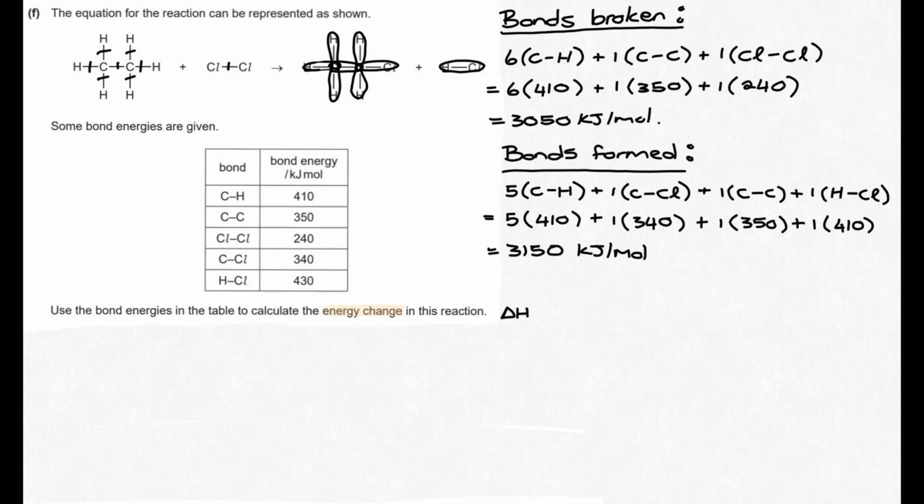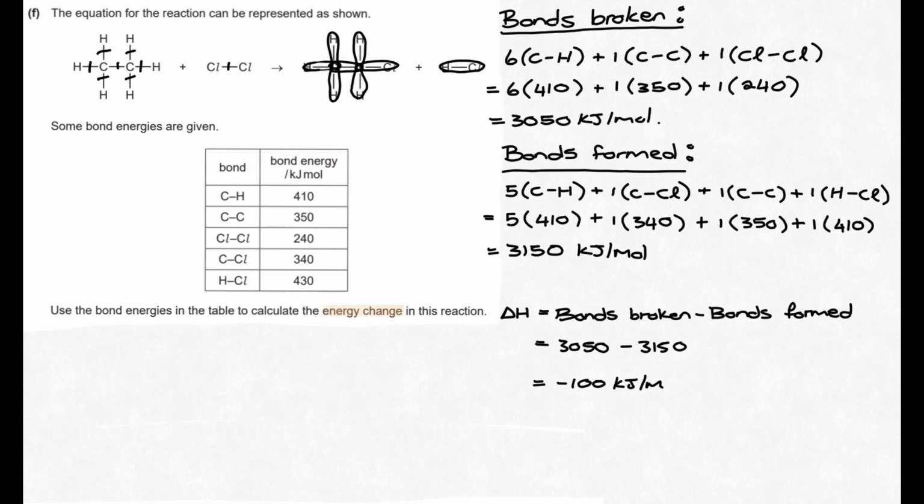I then have to work out my energy change, and this is my enthalpy change. I work it out by saying the bonds broken minus the bonds formed. Bonds broken was equal to 3,050 kilojoules per mole. My bonds formed was 3,150 kilojoules per mole, and the difference between these two is negative 100 kilojoules per mole.